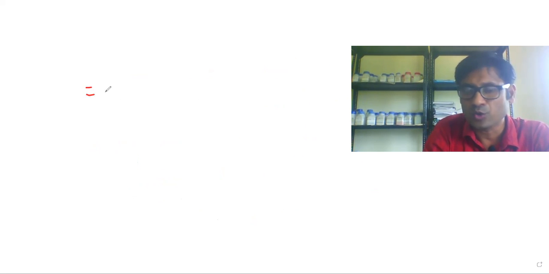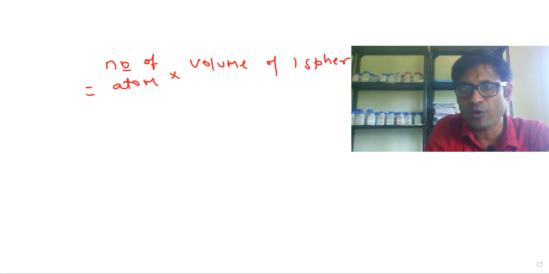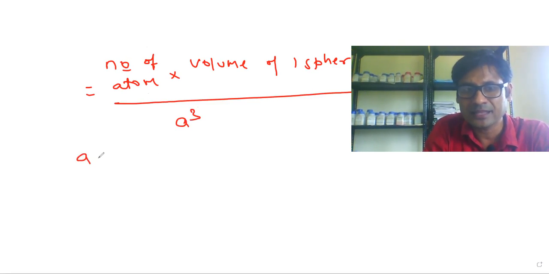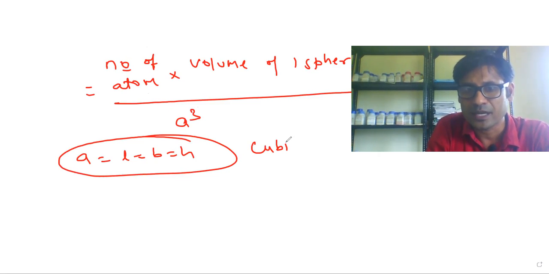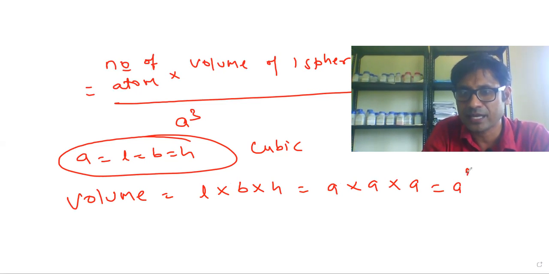Then total volume of spheres means number of atoms multiplied by the volume of one sphere, upon the volume of the unit cell, which is a cube, because the length, breadth and height are all equal to a. Volume is equal to length into breadth into height, which is a into a into a, a cube.